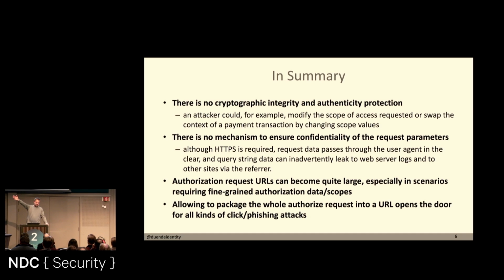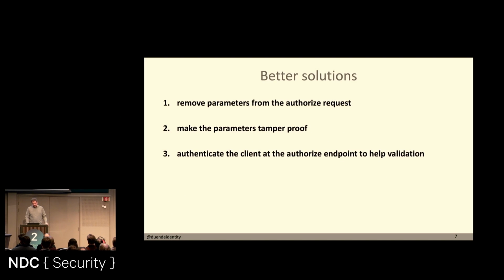Then this kicks off to the authorization server, and maybe on that authorize request there's a manipulated redirect URI, and now you logged into Office 365 or Microsoft Azure AD, and that actually happened, and this triggered transmission of codes to a different place, or triggered consent. So all kinds of click attacks, phishing attacks, are easily possible because it's just a GET request, right? You're sending it to the server, job done. So that's the problem. Now, what would be solutions to that?